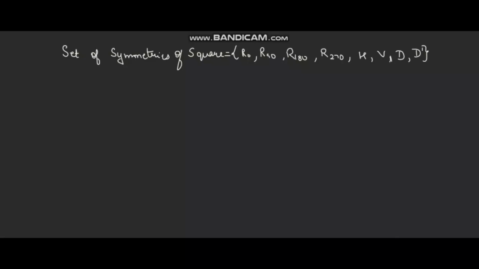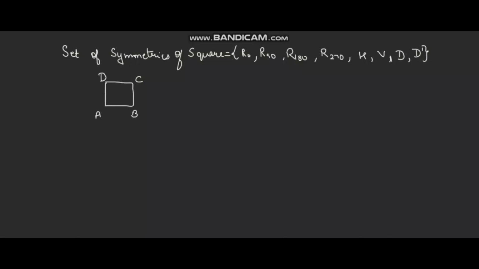So we have 8 elements in this set. R0 means a rotation of 0 degrees. R0 is a rotation of 0 degrees, that is we are keeping the square in the same orientation. So we have this square A, B, C, D. So R0 means we are keeping the orientation same.